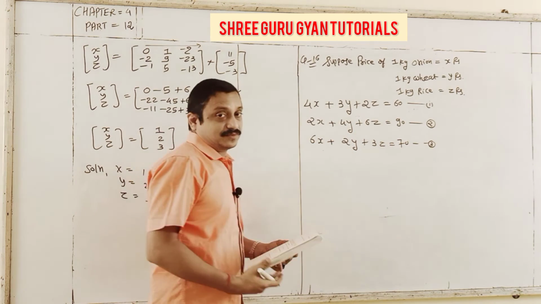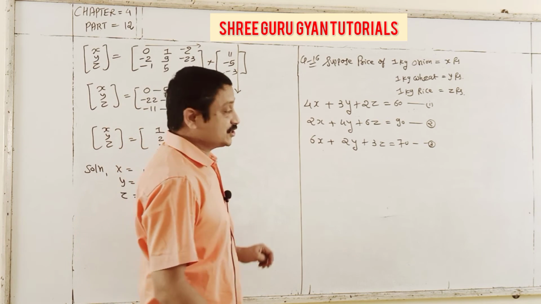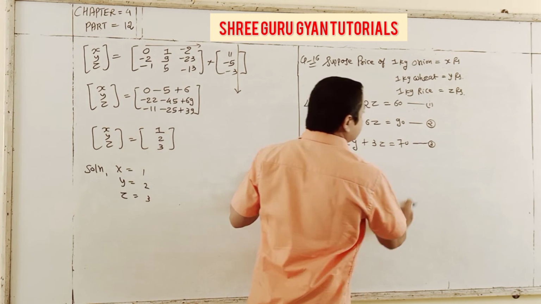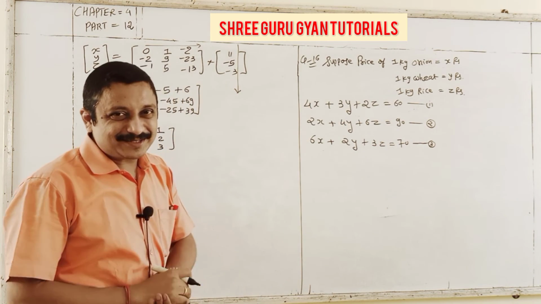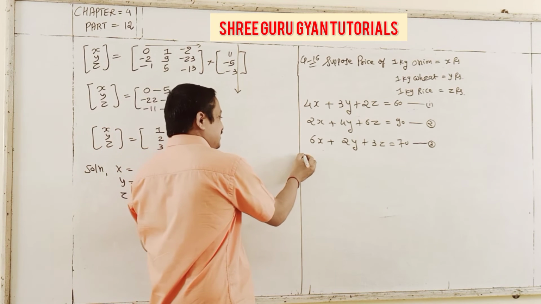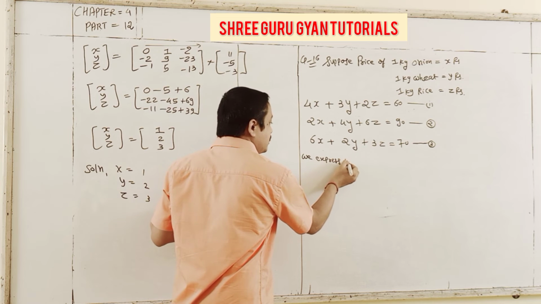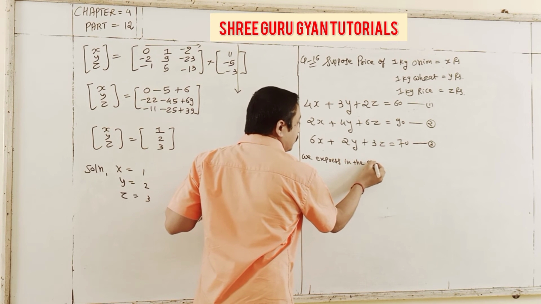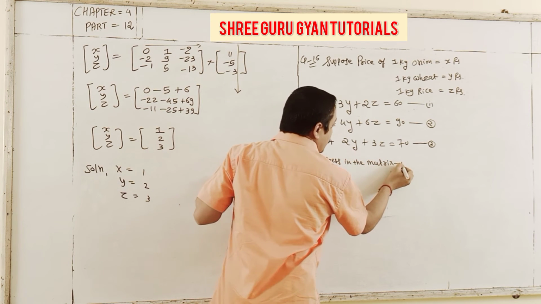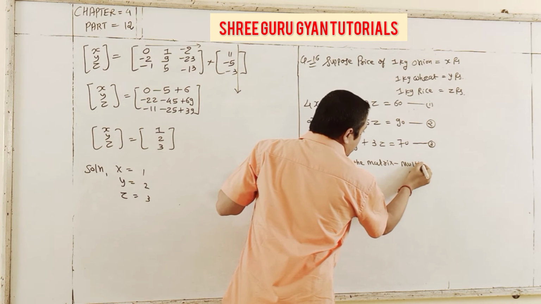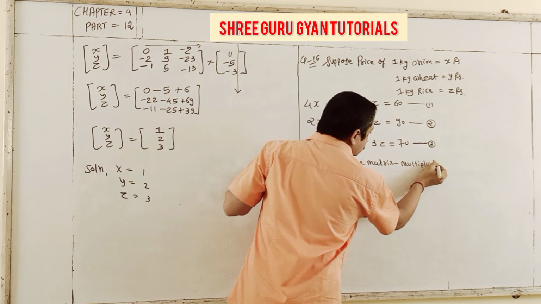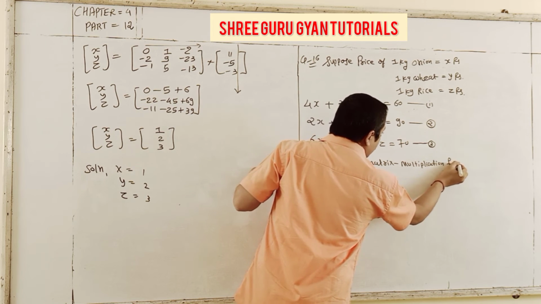And the target is to find the price of each item per kg. We represent this in matrix multiplication form.